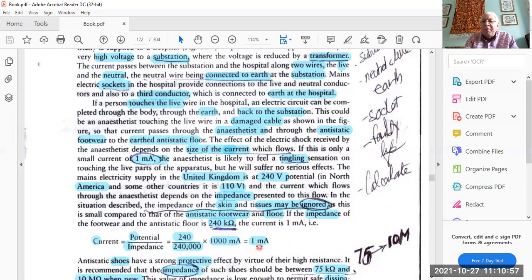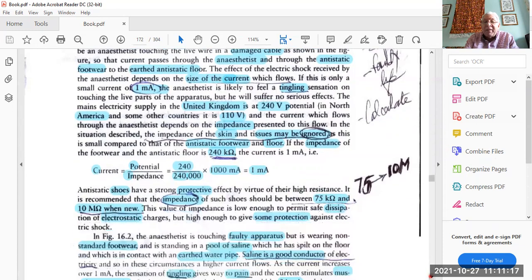So in such circumstances, the patient or the anesthetist may feel 1 milliampere as tingling. It will not much affect him, not like if the impedance is much less than that.